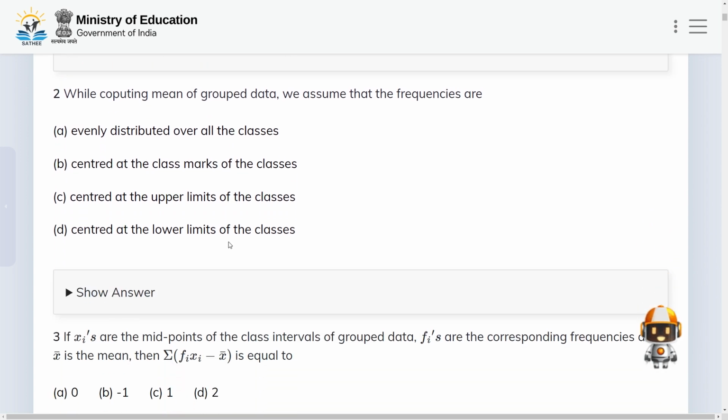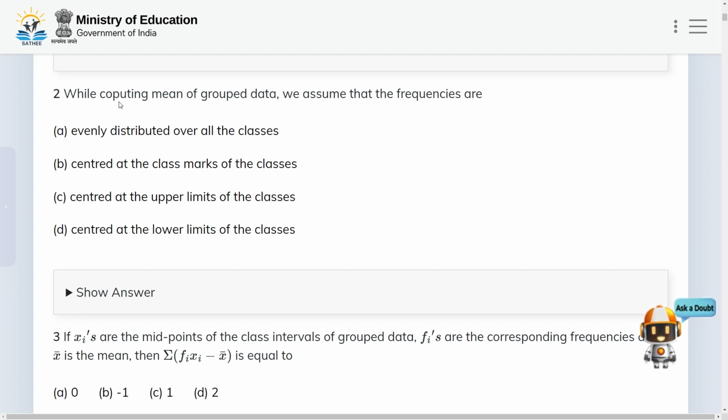So now let us move to next problem. While computing mean of grouped data, we assume that frequencies are what? In option A we have evenly distributed over all the classes. In option B we have centered at the class marks of the classes. In option C we have centered at the upper limits of the classes, and in option D we have centered at the lower limits of the classes.